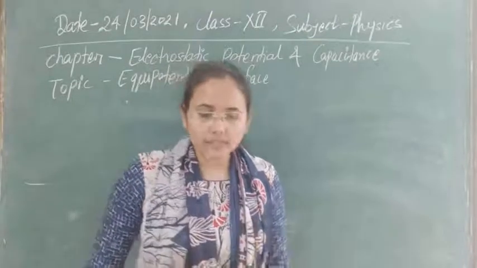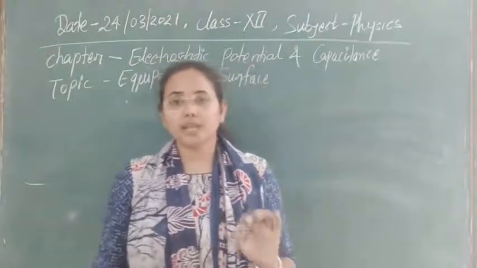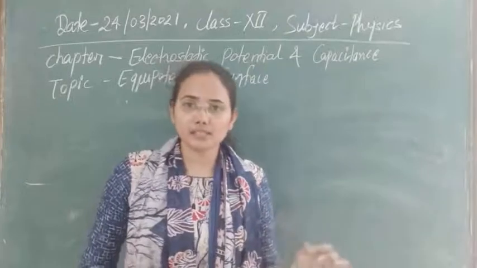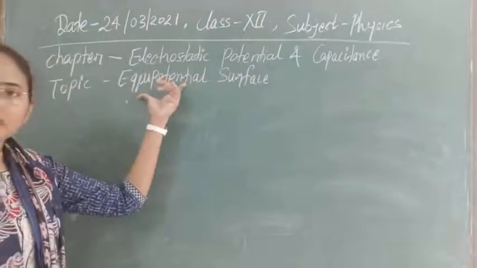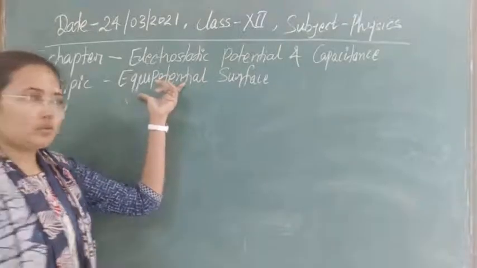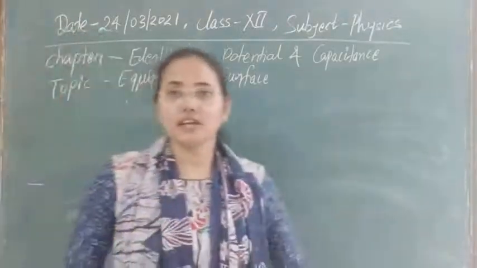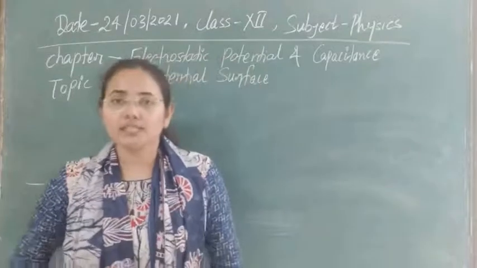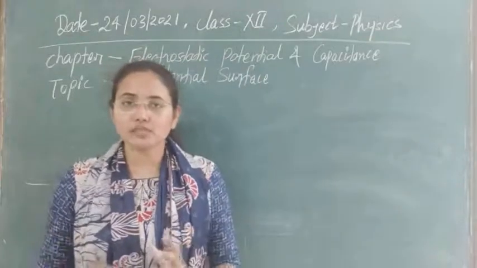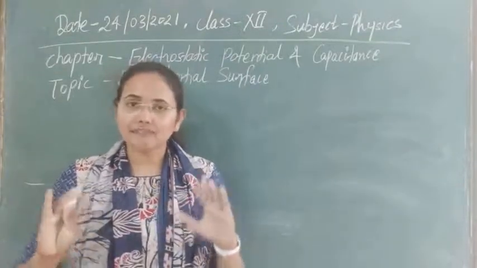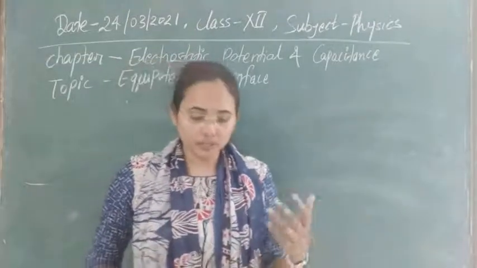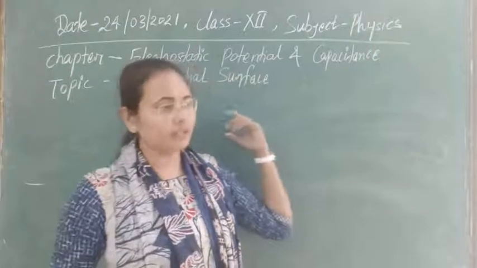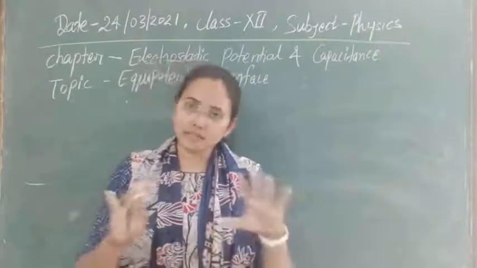So let's discuss it. By name, it is the equipotential surface. Equipotential means where the potential is the same everywhere. In a summarized way, equipotential surfaces are those surfaces where the electrostatic potential, not the electric field, is the same everywhere.